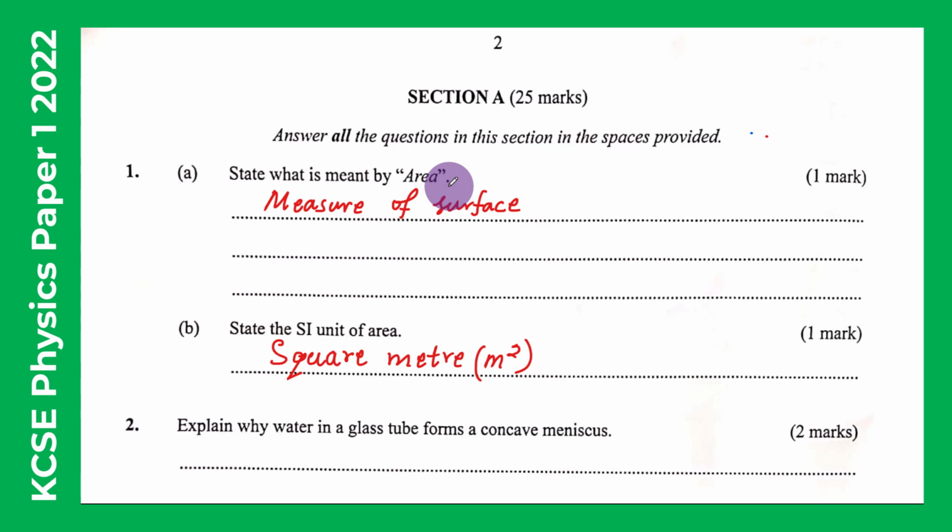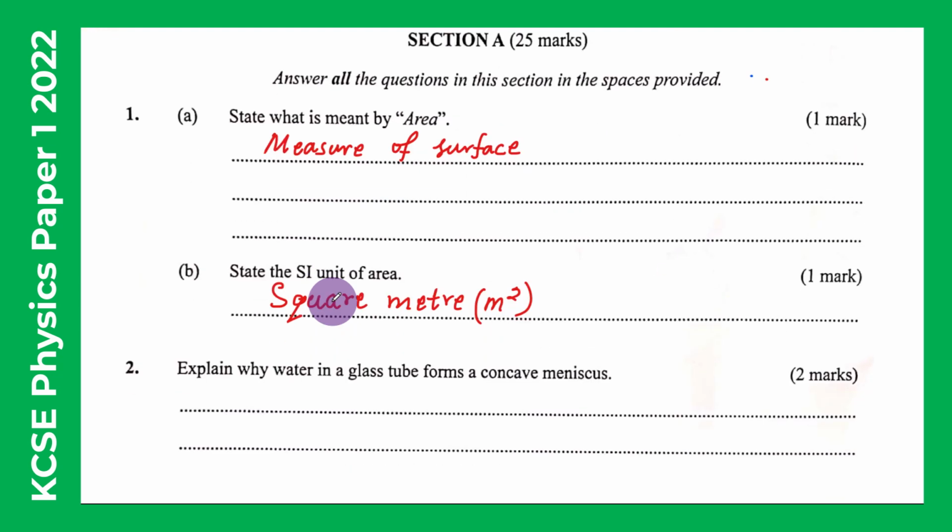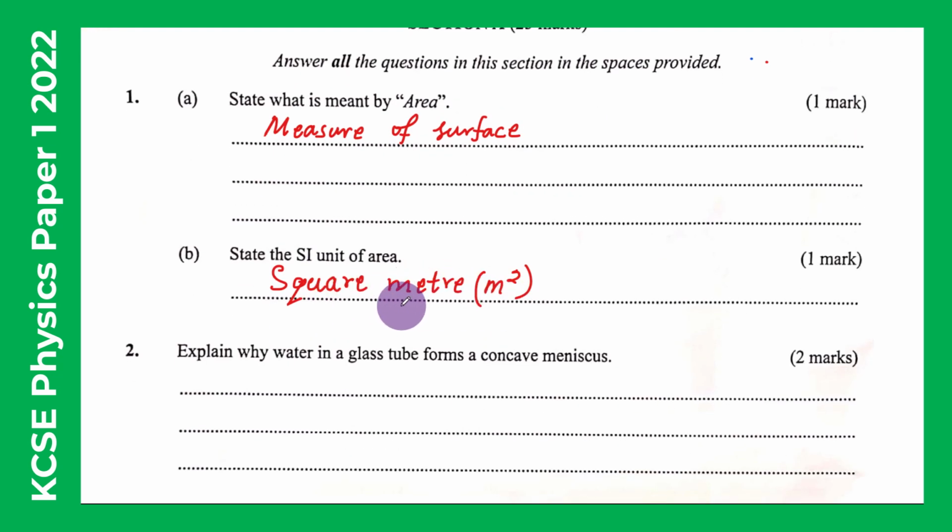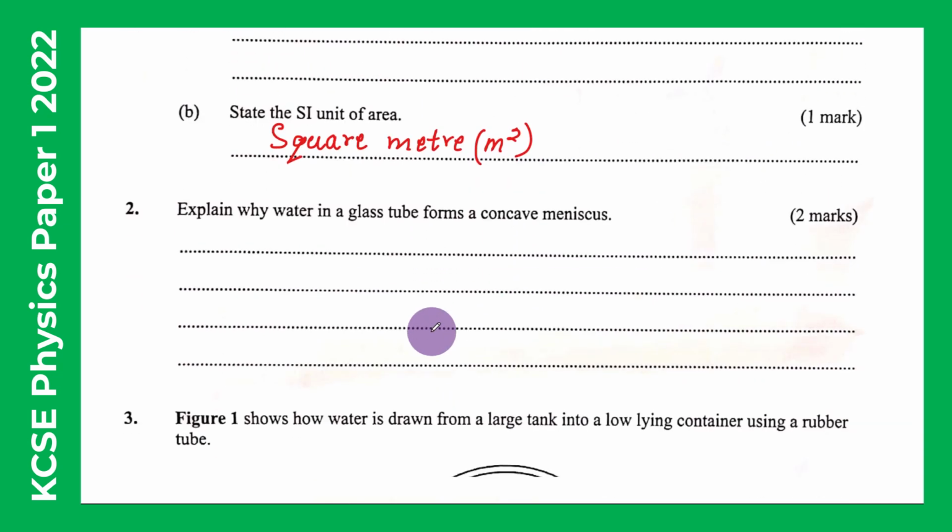So it is a derived physical quantity, and it is defined as a measure of surface, or you can say it is defined as a product of two lengths, because the way we define a physical quantity is by indicating how it is obtained. So the SI unit obviously is square meters. This is the unit written as a complete word, and this is the short form of the unit. So it can be written like this or like this. You'll get all the marks.